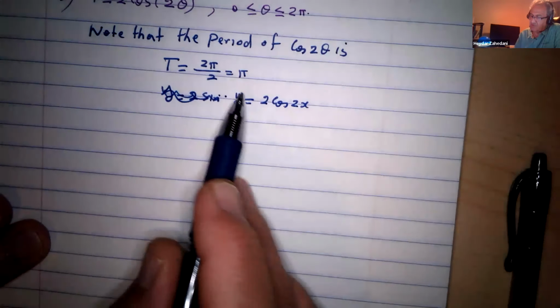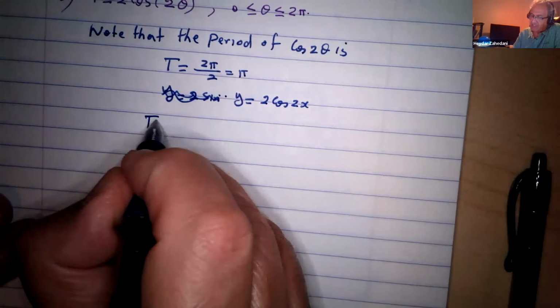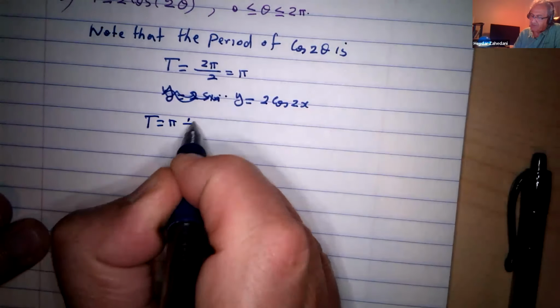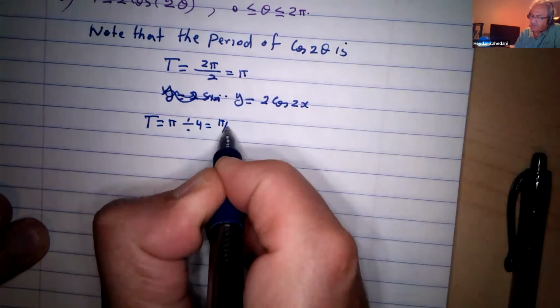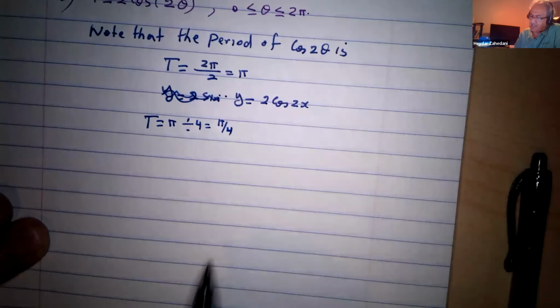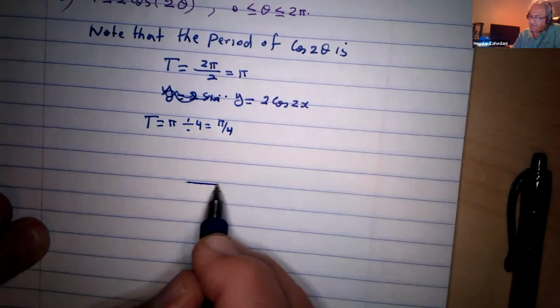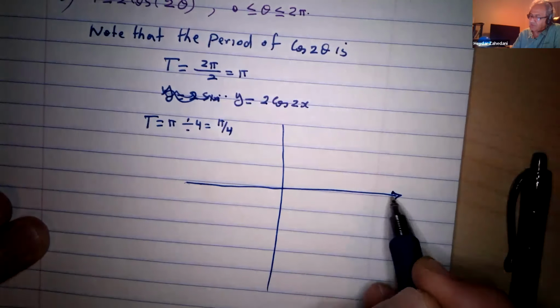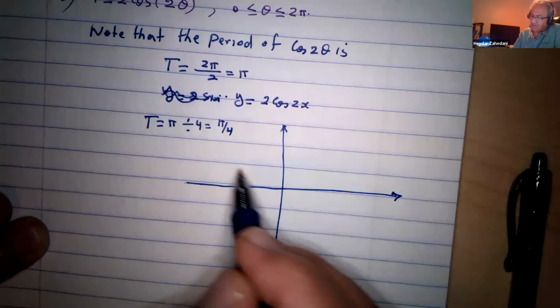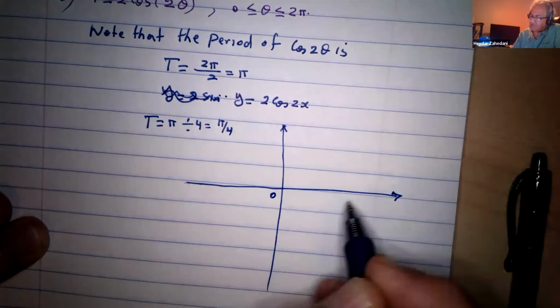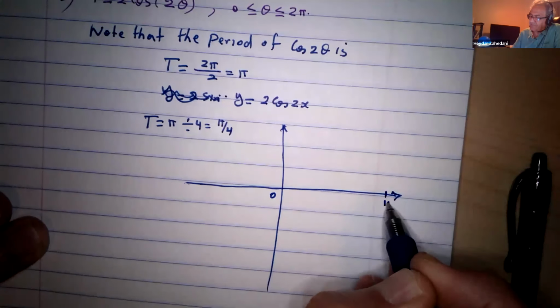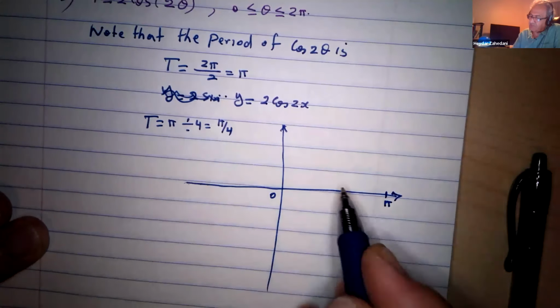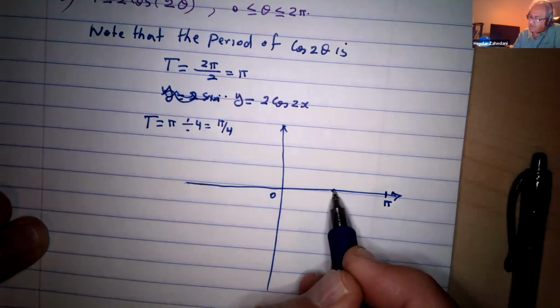What we do is identify the period. We divide the period into 4, so that gives you pi over 4. Then this is going to be the graph of the function right away. It's the way we do it in pre-calculus. So the period is pi, from 0 to pi. We divide it into 4 parts. Each part is going to be pi over 4.